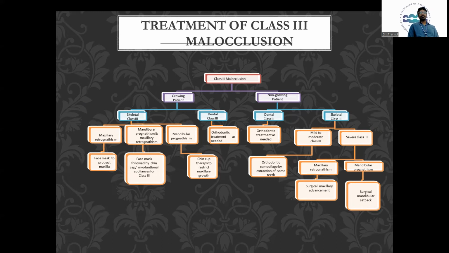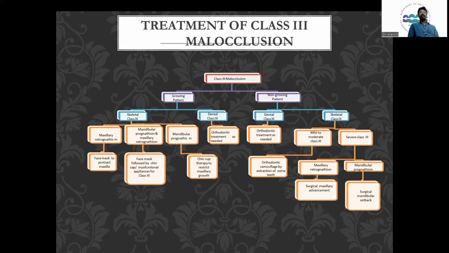A skeletal class 3 malocclusion in a non-growing patient will be either severe or mild to moderate. If the patient has a mild to moderate skeletal class 3 malocclusion, we'll usually provide orthodontic camouflage by extraction of some teeth. Camouflage usually means extraction of the lower premolars and then retraction of the lower anteriors, so that the severity of the skeletal class 3 malocclusion is reduced.